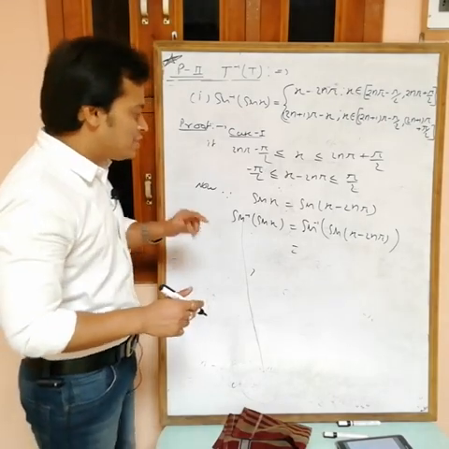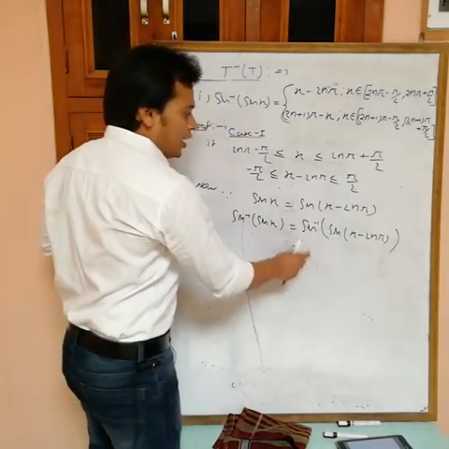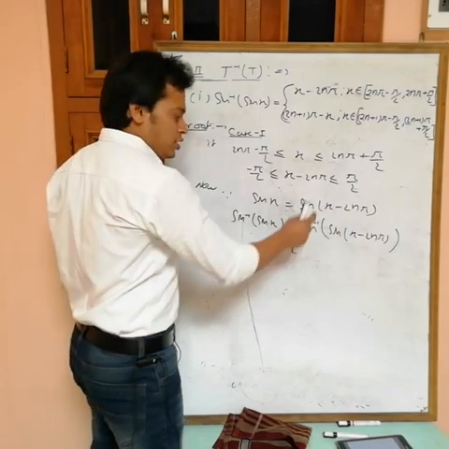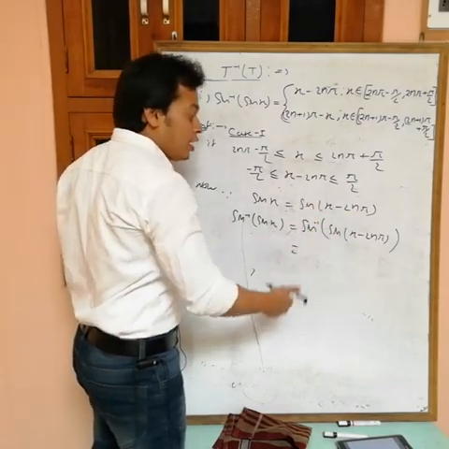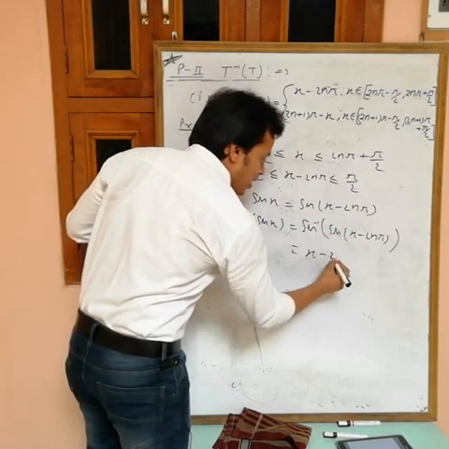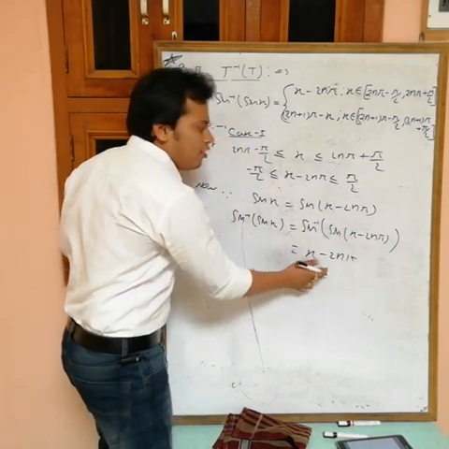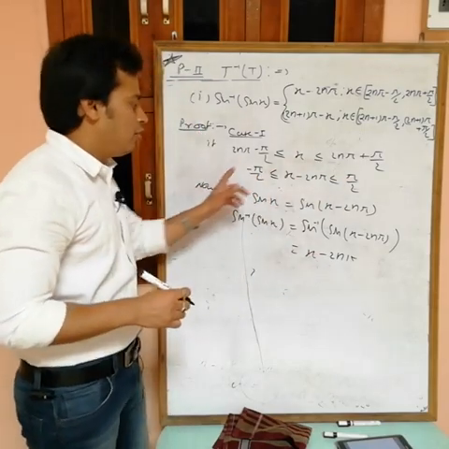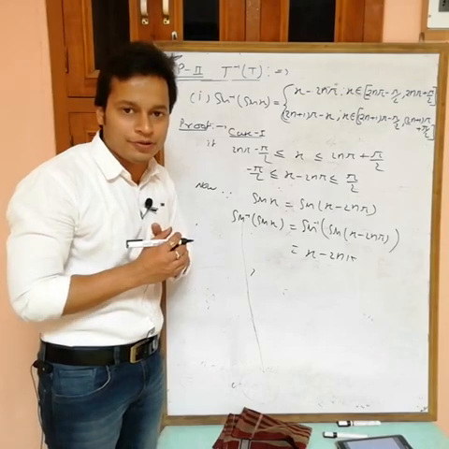But see, in this case I can take f inverse f x equals x, because I can cancel out sine inverse with sine. Why? If I cancel out sine inverse with sine in this one, then what are we getting? X minus 2n pi, and this lies in the interval of the range, minus pi by 2 to plus pi by 2.